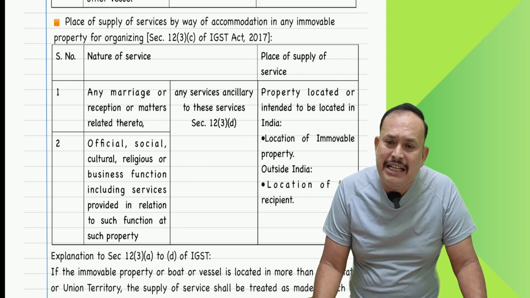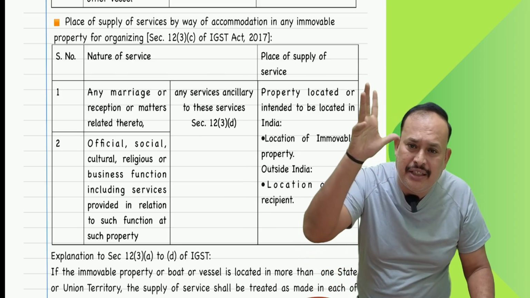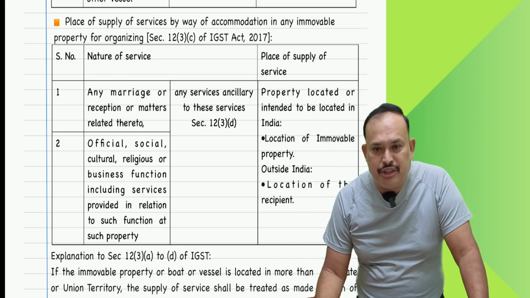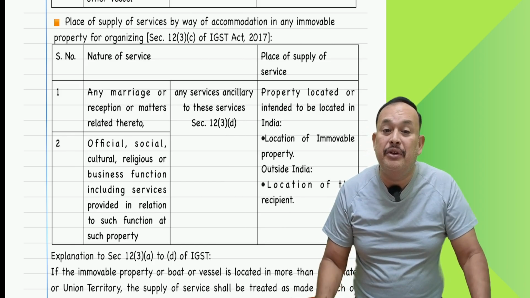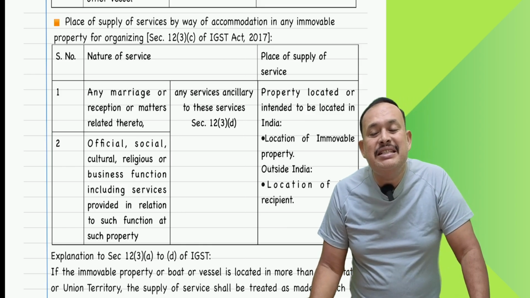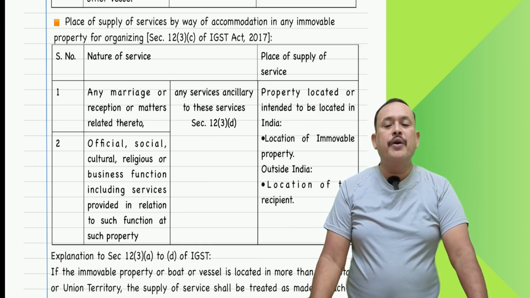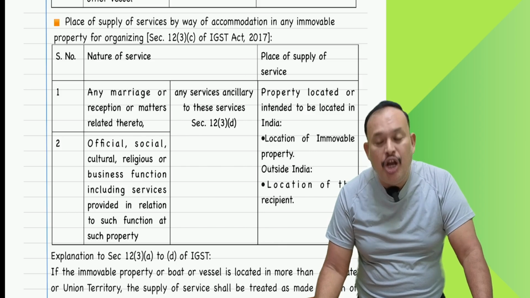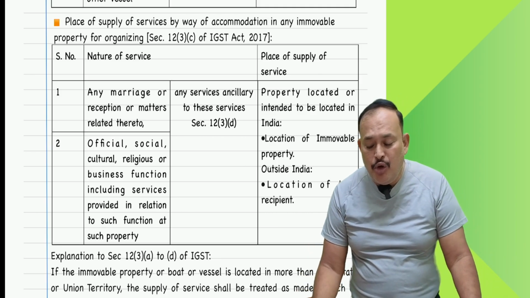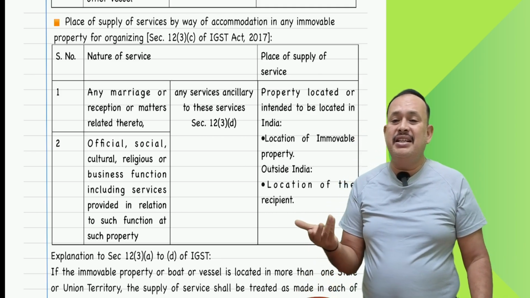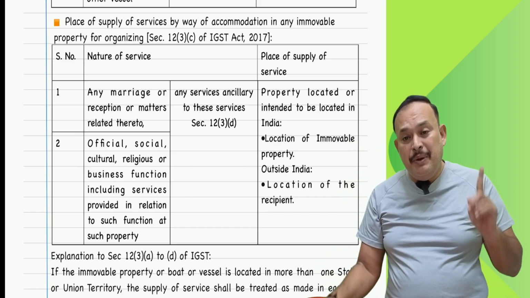Woodlands Hotel Chennai gave the auditorium to carry out the function. Supplier from Chennai, recipient from Mumbai, and the property where the function is carried out is in Chennai. Therefore, the place of supply is Chennai, the location of supplier Woodlands Hotel is in Chennai, and it is liable to pay CGST and SGST, though the recipient may be from Mumbai.